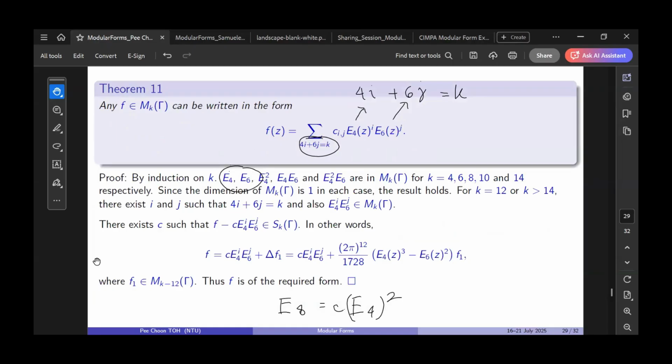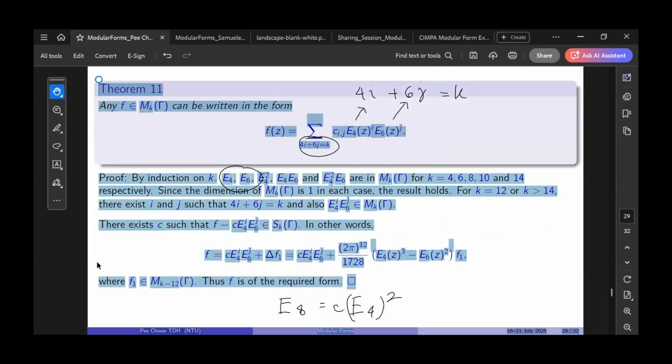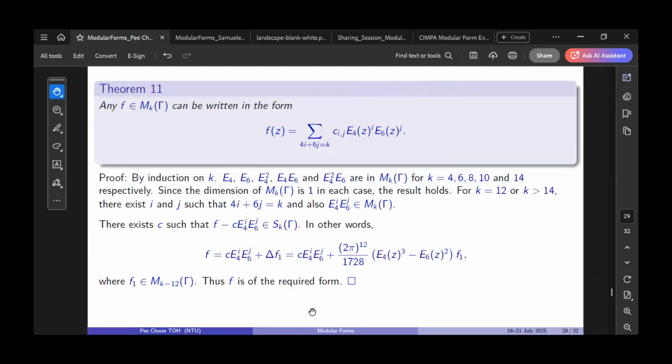So on until E14. So yeah, these are the one-dimensional ones, E10 and E14. As you can see, E12 is skipped because this is not one-dimensional.